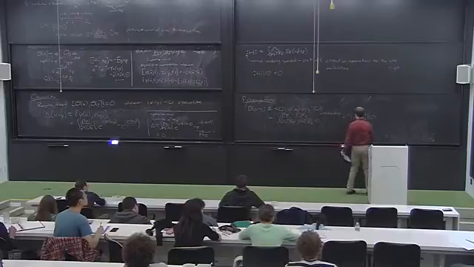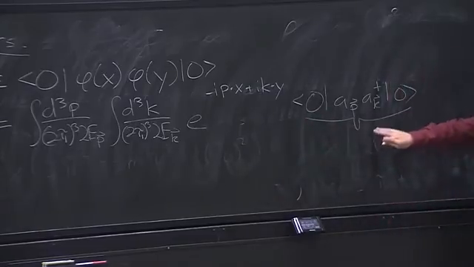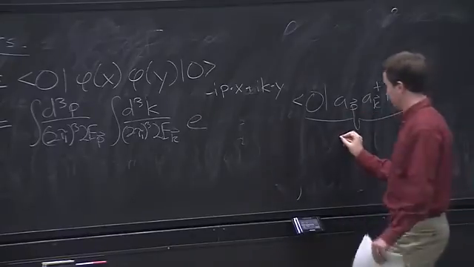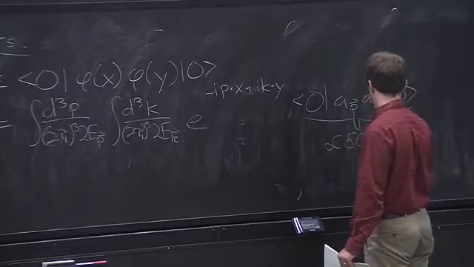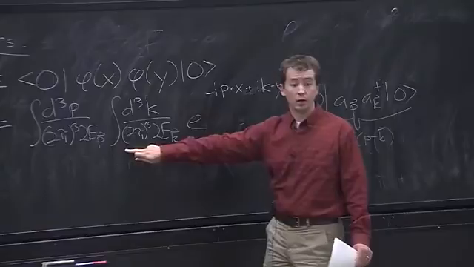And then we know this thing here, by using the commutation relations for a_p and a_k, is proportional to the delta function, p minus k. And the coefficient will cancel out one of these denominators.